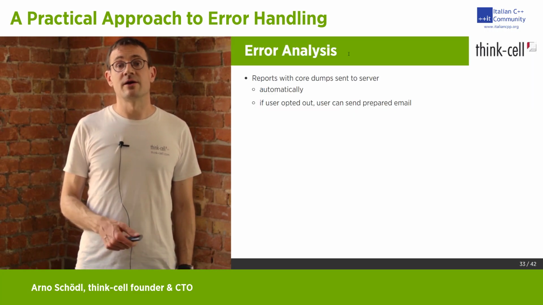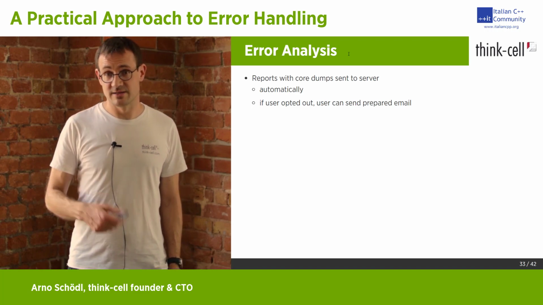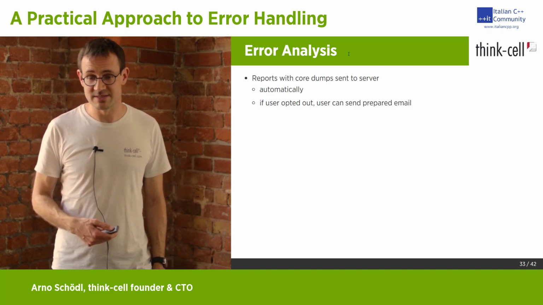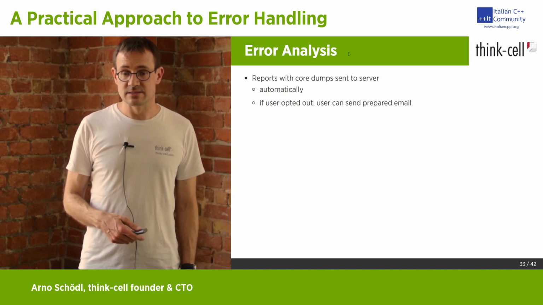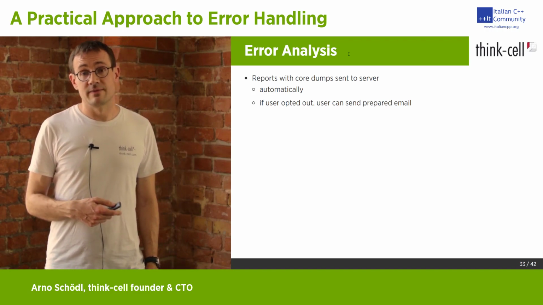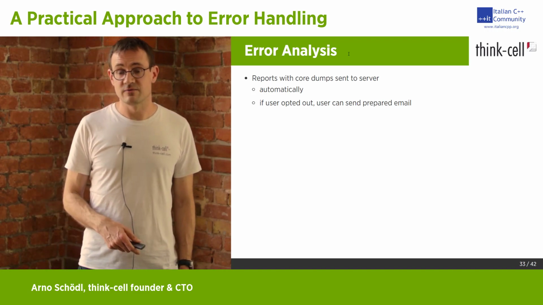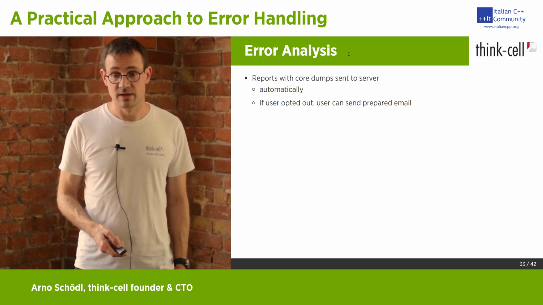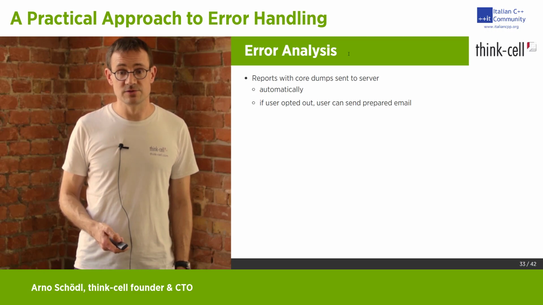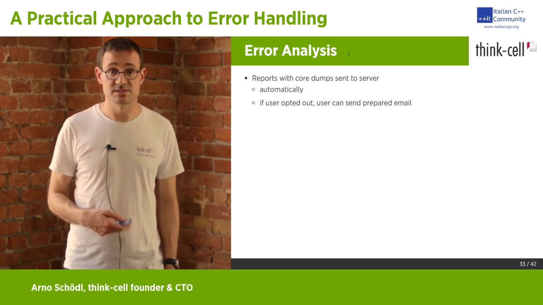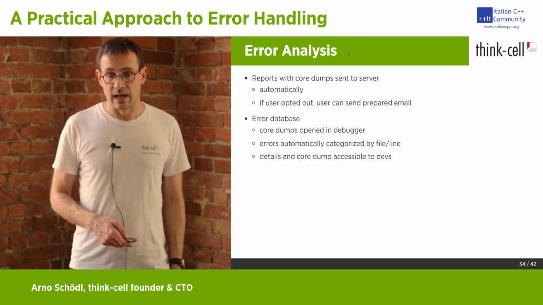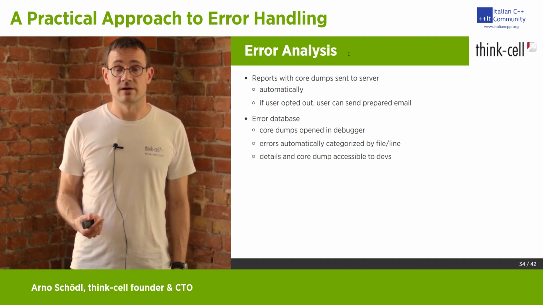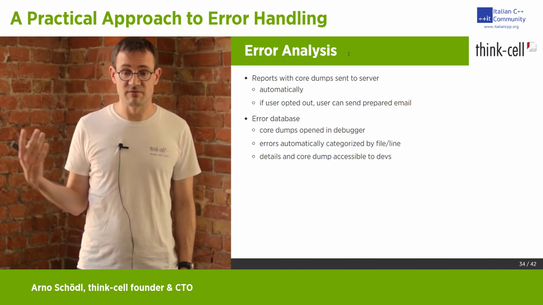We do a fair bit of error analysis, and I said already that you shouldn't really address problems until you understand them. And what we do is, when something goes wrong, we send reports with a core dump to our central server. That happens automatically, and if the user doesn't like that, then he can send them manually by email. And we have an error database where these reports are filed into.